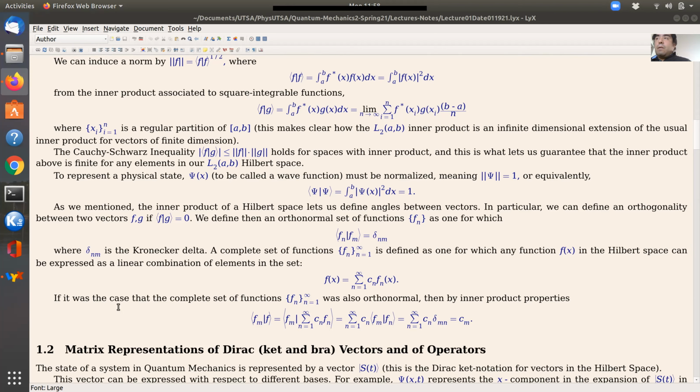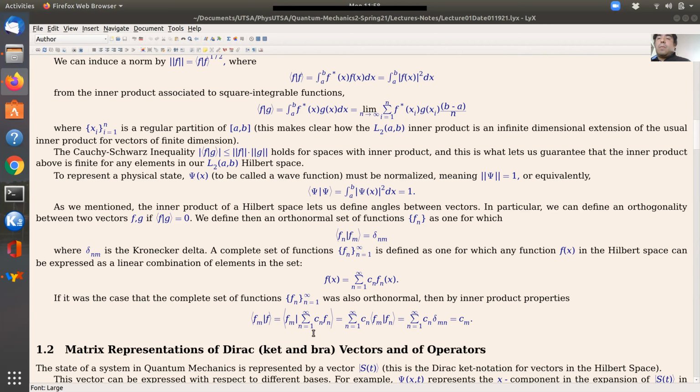And if you also have the property that this set is orthonormal, then you can actually find the coefficients easily. Because if you take the inner product of each element with the function of interest, given this property, you will have f_m inner product with f being this representation.